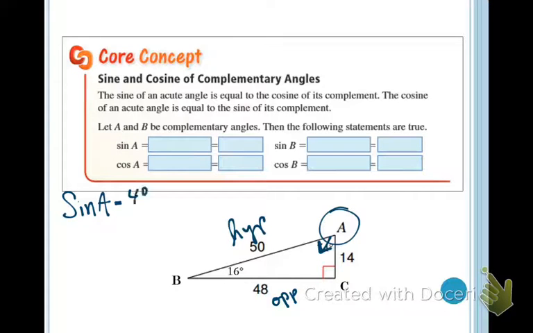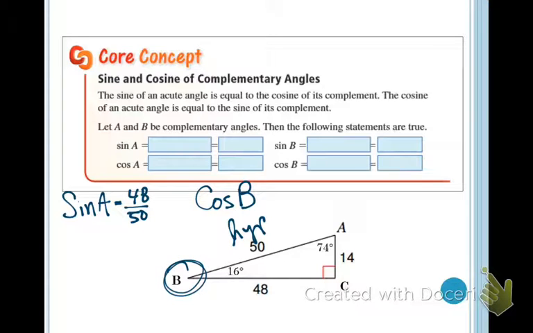So that would be 48 over 50. And then if we found, let's say we found cosine of B. We did this yesterday. We found all of them. But if you're coming from angle B, opposite would turn into 14, and the adjacent would be 48. So what is cosine of B?